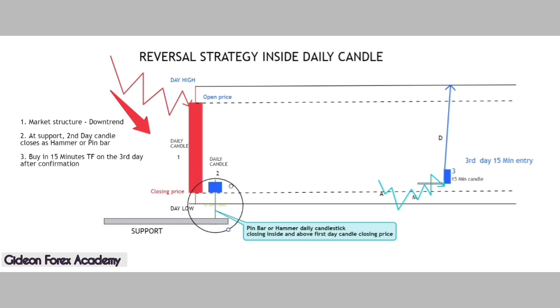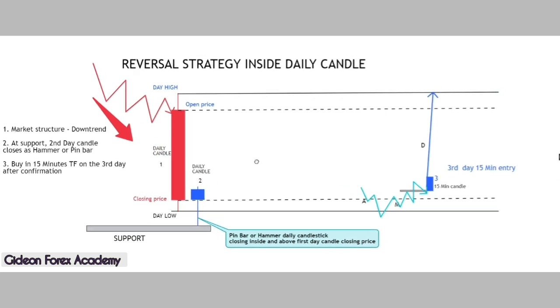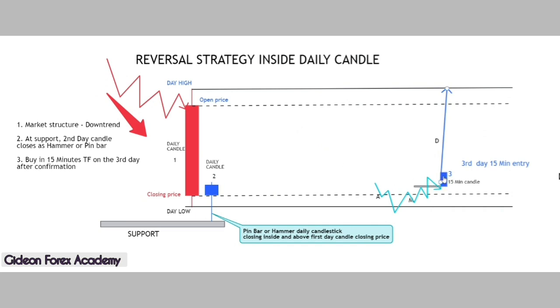In this case, if we see a pin bar or a hammer at support on the second day, and it closes at the end of the second day as a pin bar or a hammer, then on the third day we are going to go to the 15 minutes time frame and jump in for a buy.